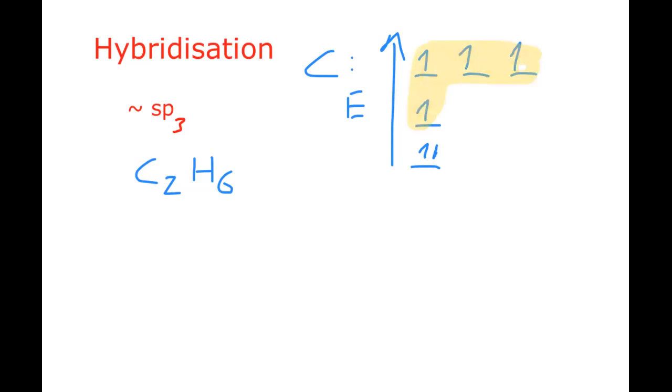So after hybridization, if we write carbon's configuration, we'll have the 1s orbital here, and then we'll have 4 orbitals, and these are called sp3 hybrid orbitals. These are at an equal energy level, which is between the energy levels of 2s and 2p.